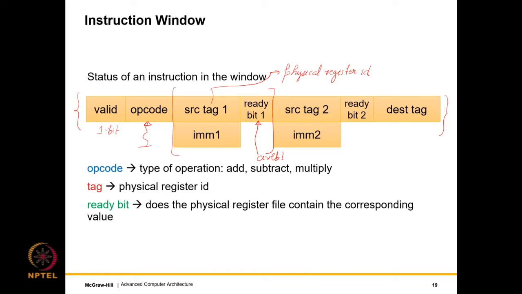So what did that bit indicate? That bit indicated if the first source operand in this instruction is ready or not. If it is ready, then we directly read it from the register file, or we read it from the forwarding network.